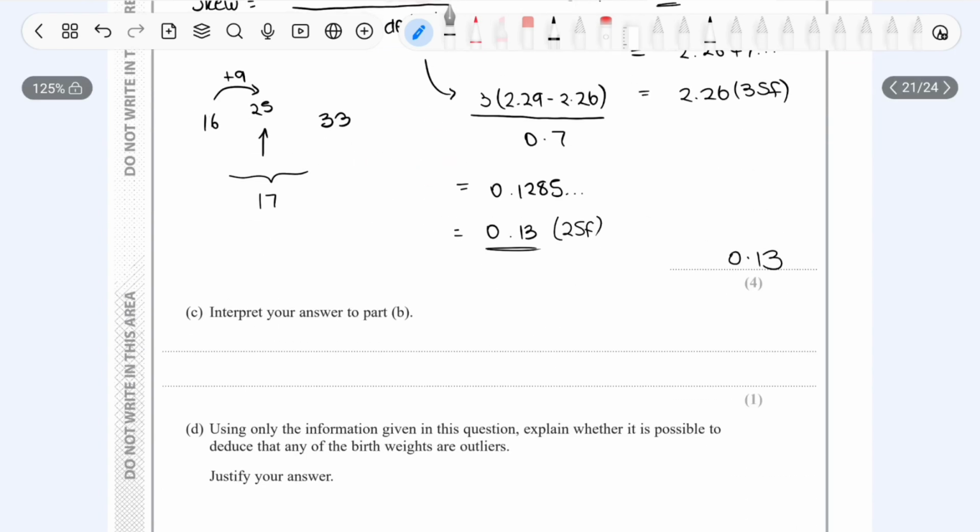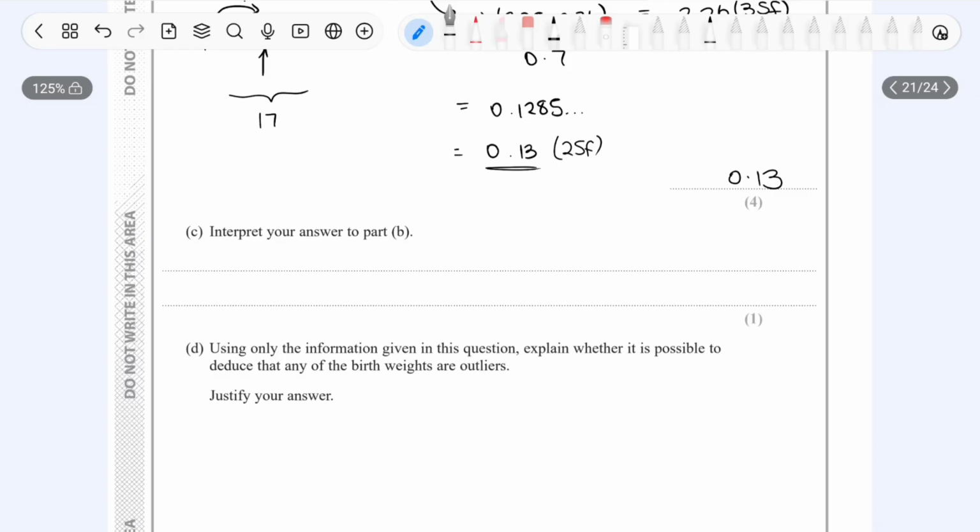Part C asks us to interpret our answer to Part B. The key word is interpret. It wants you to find the value or explain it, and then you need to give context. So 0.13 indicates a slight positive skew.